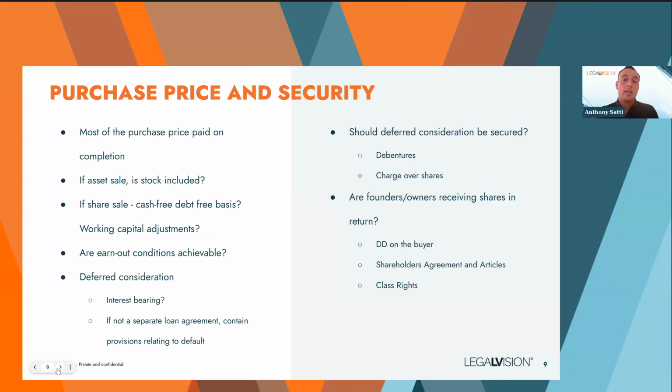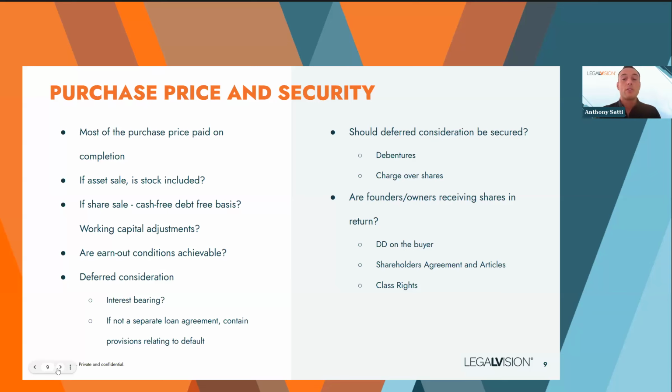Or alternatively, it could be a deal where the parties are negotiating some sort of working capital adjustment. What we mean by that is usually leaving in the company a certain amount of current assets to be able to continue to operate the business for a reasonable period of time.